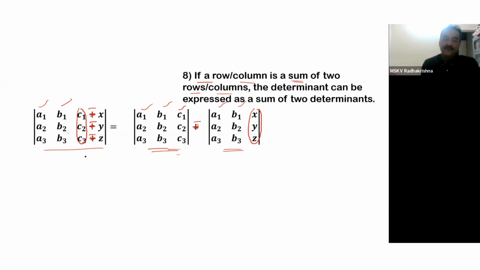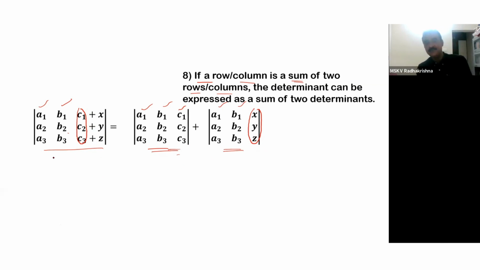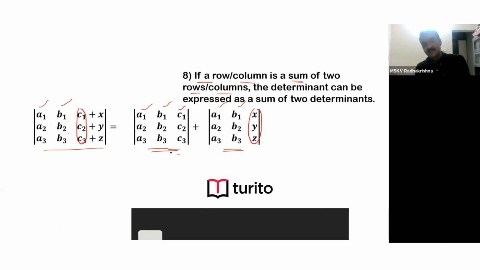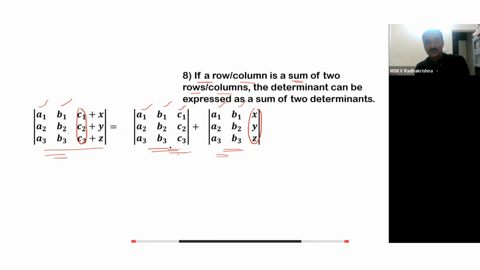Now, look at the converse of this property. If you look at the property from right to left, the sum of these two determinants is this determinant. So when can you add two determinants as a single determinant? Only when two corresponding columns are the same.